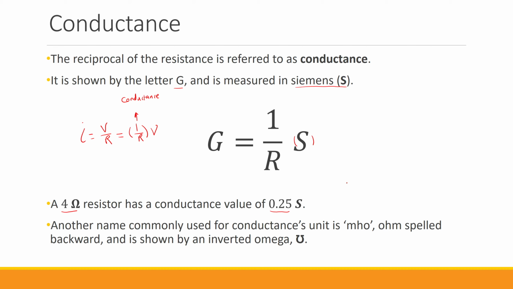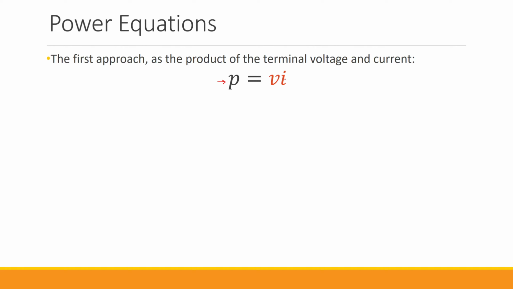So now that we saw this based on the Ohm's law, what is the equation for the power consumption for a basic resistor? So if you remember from a previous video, we said that the power at any given time equals voltage at that time multiplied by the current at that time.